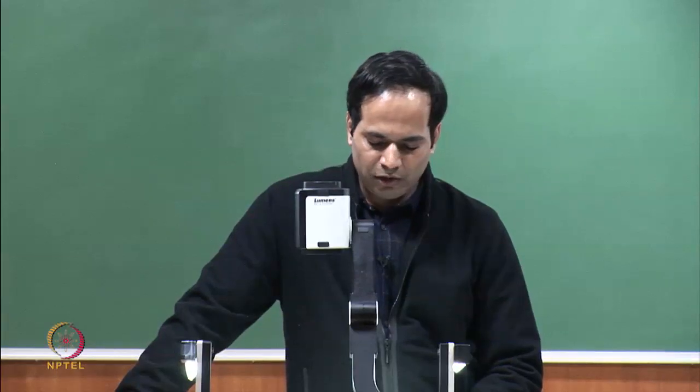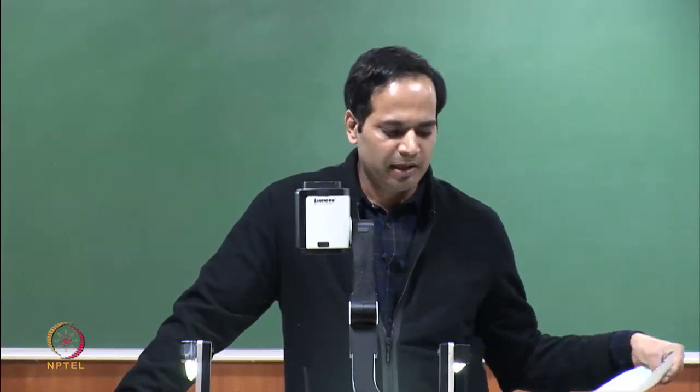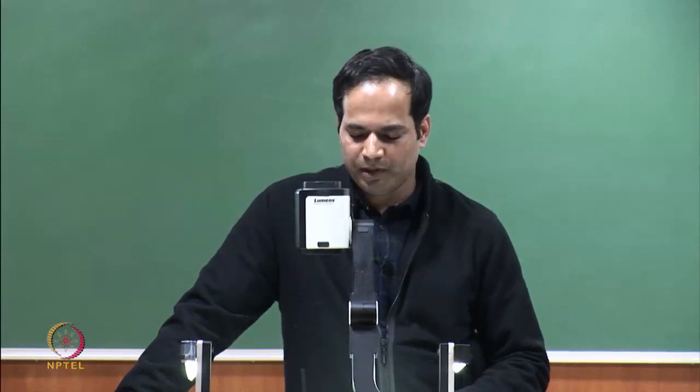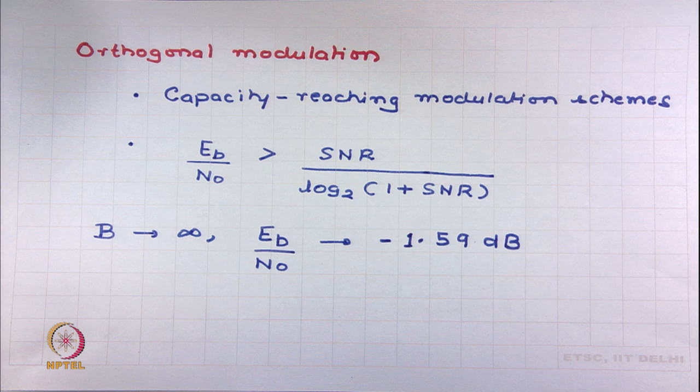And the best modulation schemes for power constrained channels that forms the substratum of next lectures are the orthogonal modulation schemes. Orthogonal modulation schemes are best suited for power constrained channels like satellite channels. We will see that orthogonal modulation schemes are capacity reaching modulation schemes.